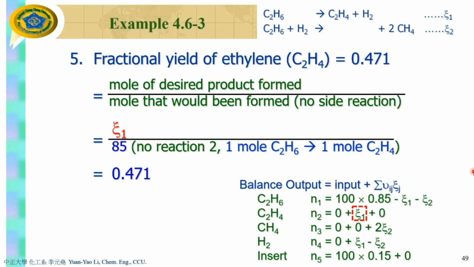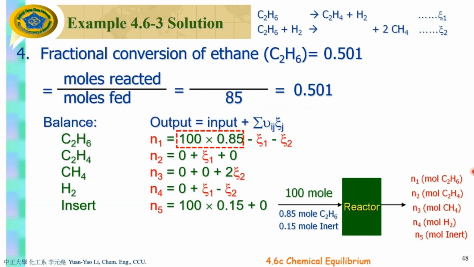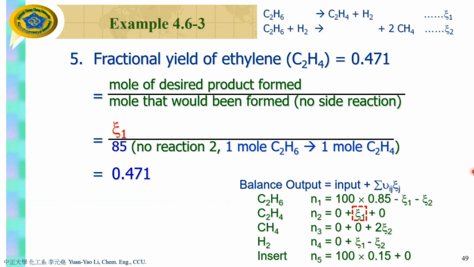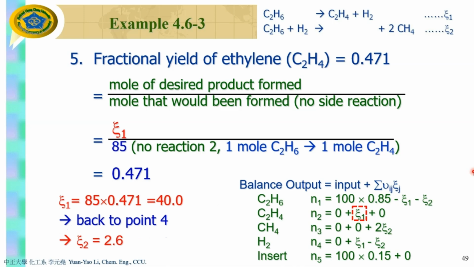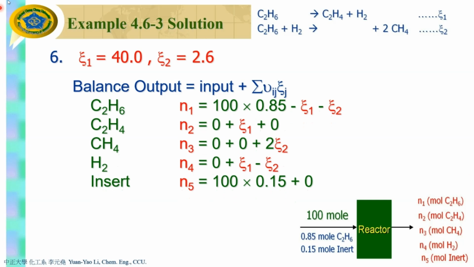Sorry, as long as you know the yield and the fractional conversion. And now the question asks you to get the selectivity. So once you have Xe1 and Xe2, you get all the numbers from N1 to N5.